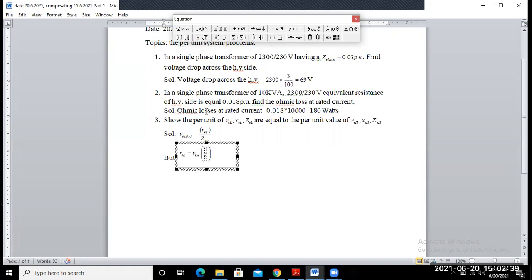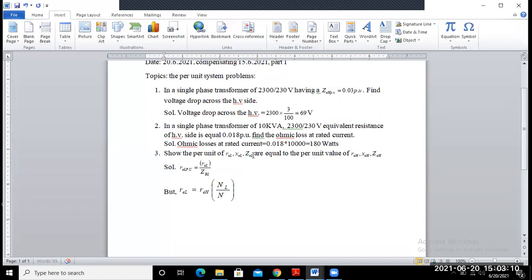Just write that equation: the number of turns of the LV side is represented by n suffix L, and the number of turns of the HV side is represented as n suffix H, whole to the power 2.